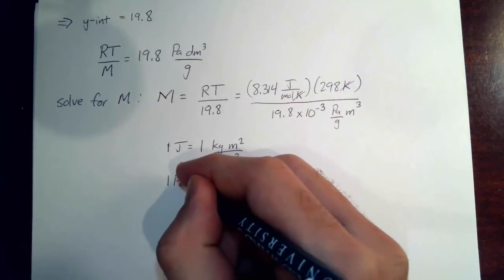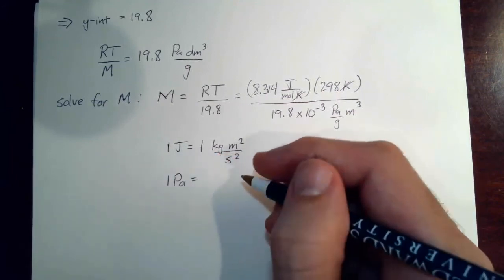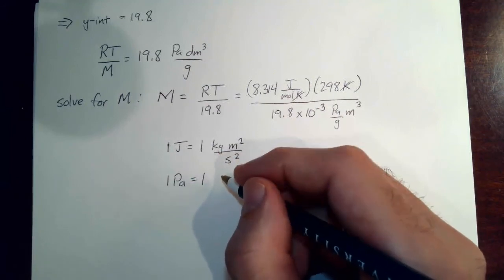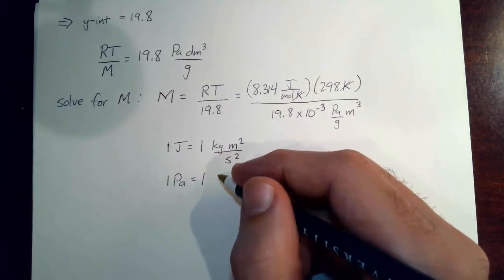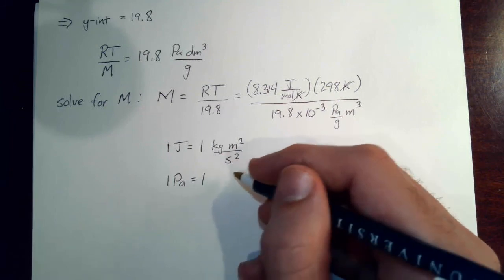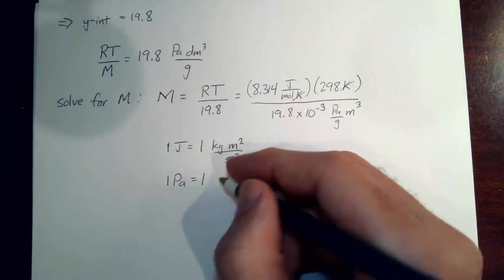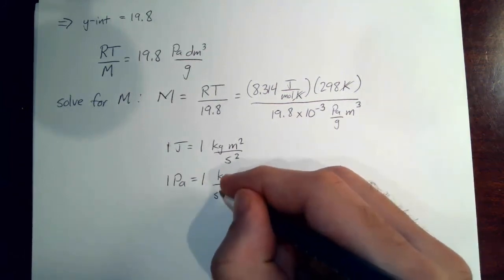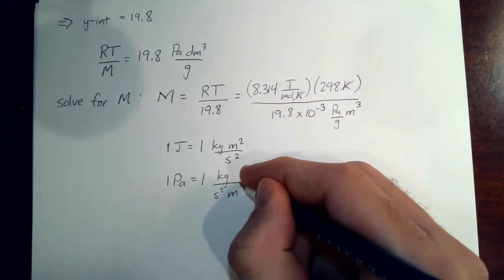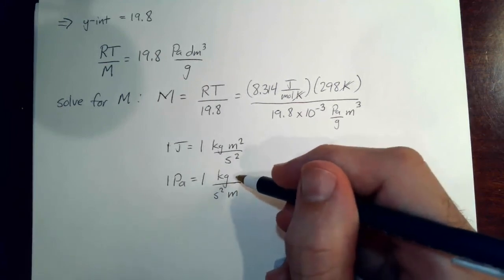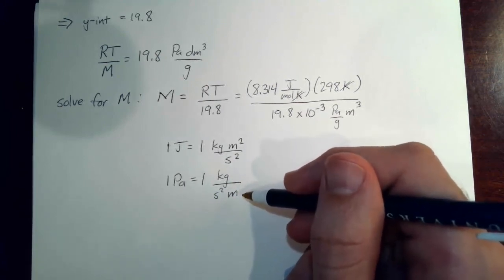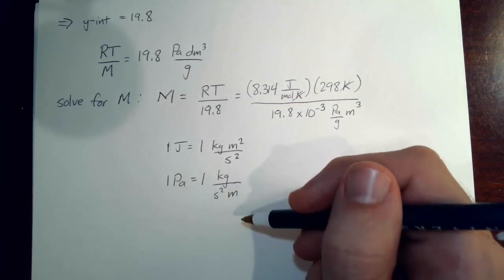And pascals are force per area. So that's going to be a Newton, kilograms meters per second squared, divided by an area, divided by meters squared. So I end up with kilograms over second squared meters, because there's a meter in the numerator inside the Newton, and a meter squared in the denominator because of the area. So I end up with 1 over meters.